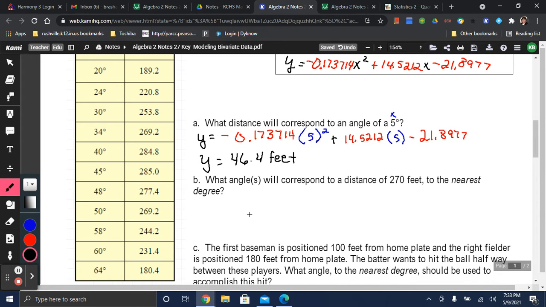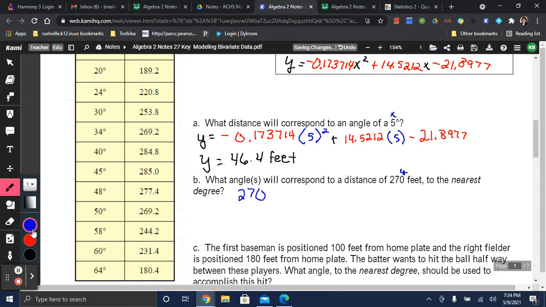Then this one's asking what angle or angles would correspond to a distance of 270 feet. I'm going to show you this one in a couple of ways. This is a y value, so we can substitute it in for y into our equation.